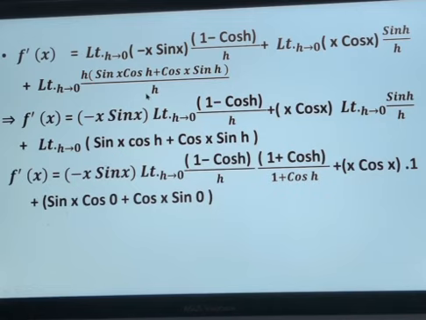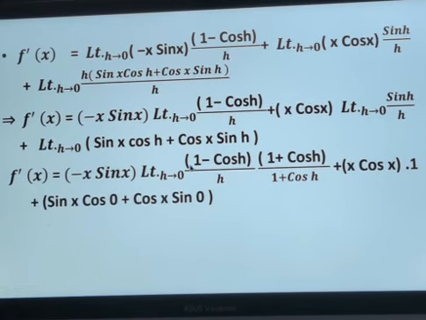Now use the formulas. So f'(x) is equal to (−x sin x) into limit h tends to 0 of (1 − cos h) over h, plus (x cos x) into limit h tends to 0 of sin h over h, plus limit h tends to 0 of sin x cos h + cos x sin h.